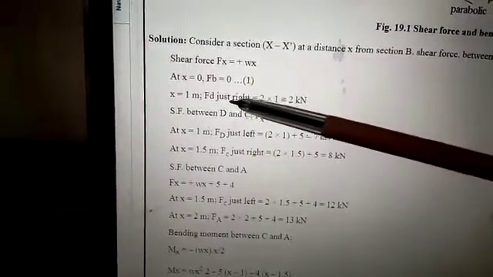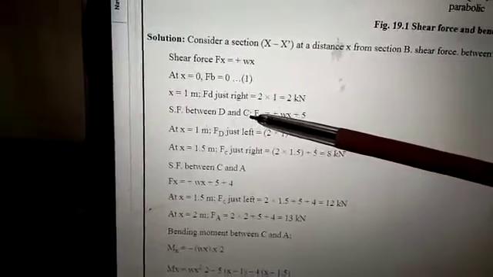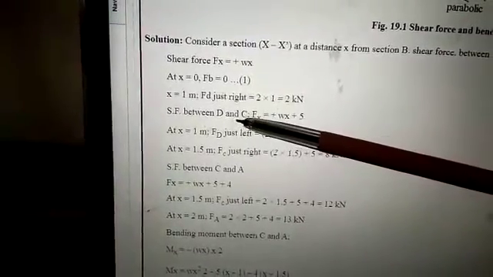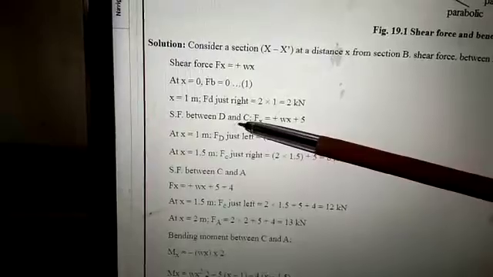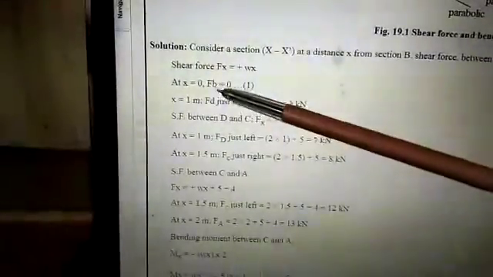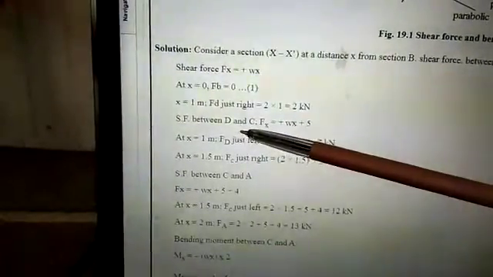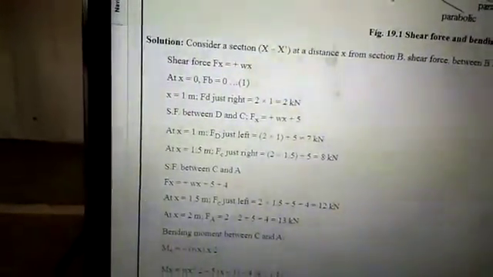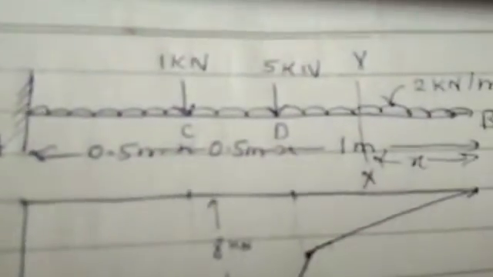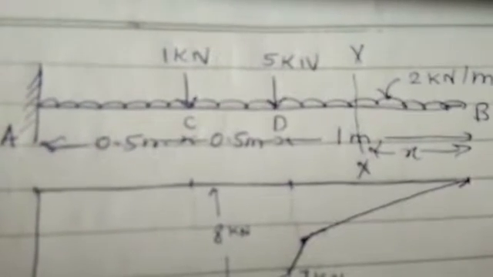Now shear force between C and D. Up till now we have worked for the shear force at point B, and now we will work between D and C. Here is the same diagram. The point C and point D are clearly visible. So you can keep in mind where the points C and D are lying.